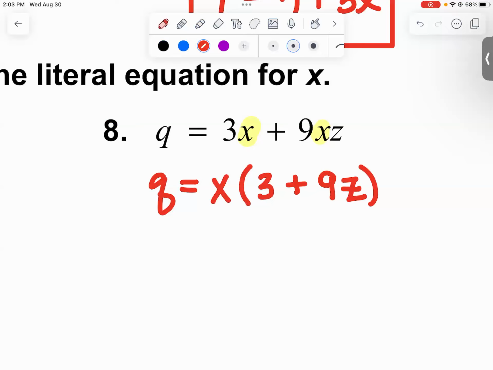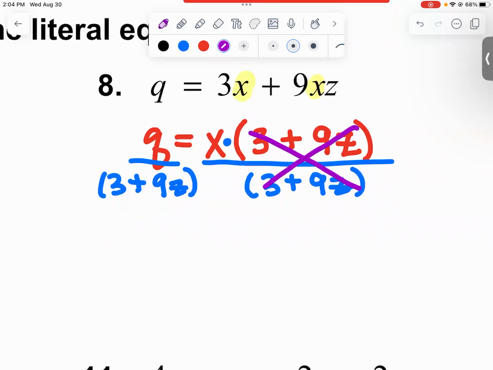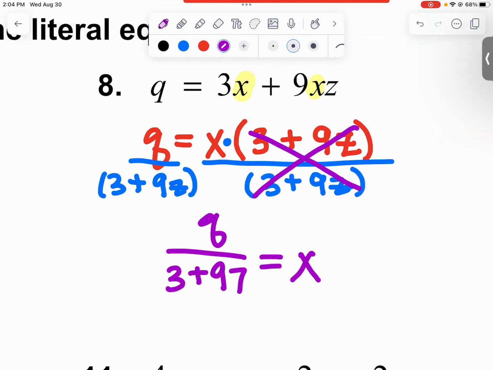Well, watch what I can do now. This set of parentheses is being multiplied to x. So we can divide by this set of parentheses. Wait, what? So x equals q over 3 plus 9z.